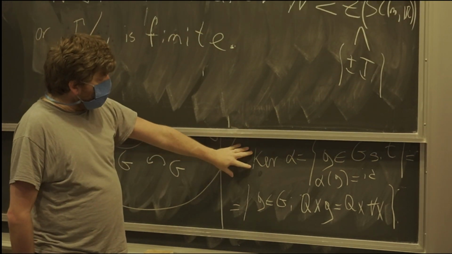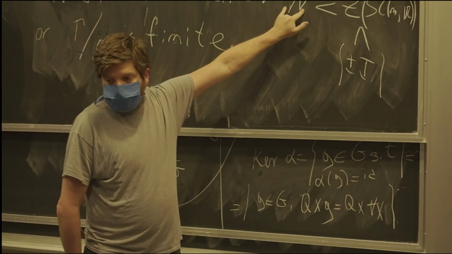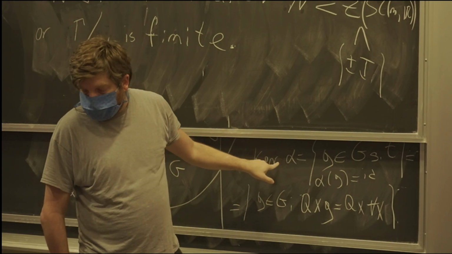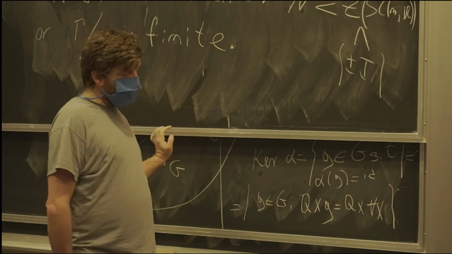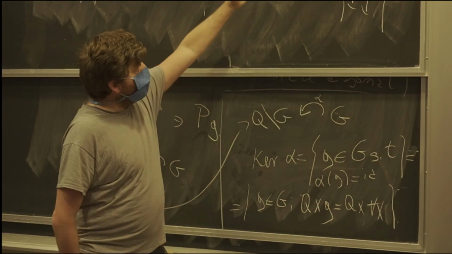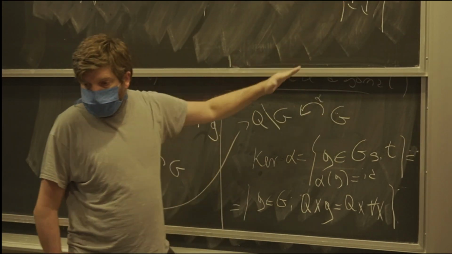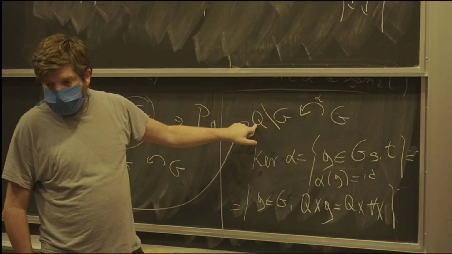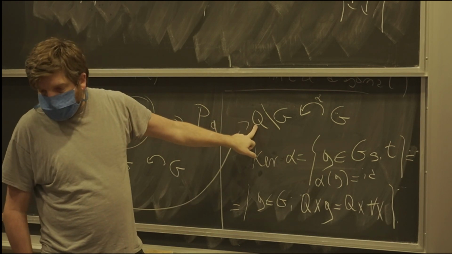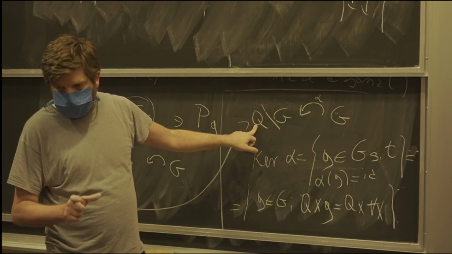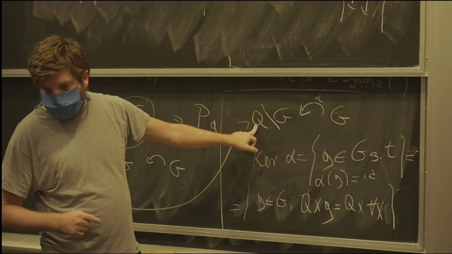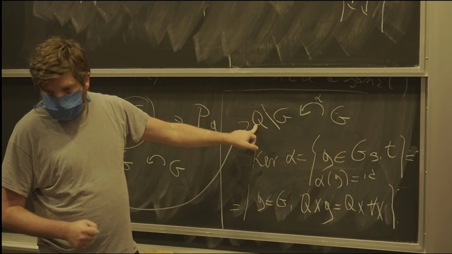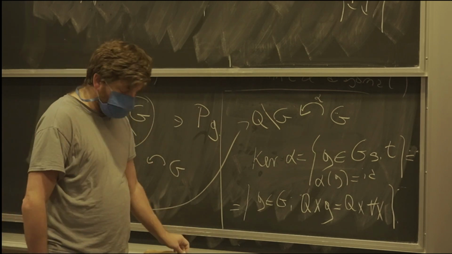So we are going to put this n inside this kernel. Once we put this n inside this kernel, we get either what we want, or we get that this Q here is all of G. And this Q will have a very explicit geometric meaning. So the fact that this Q is all of G will give us a lot of information. Okay, so that's what we are going to do. Okay, thanks, and on Monday we continue.